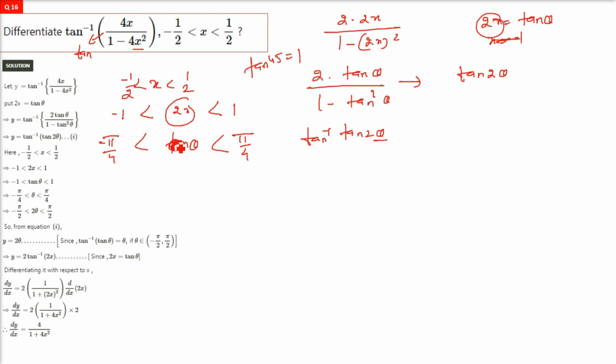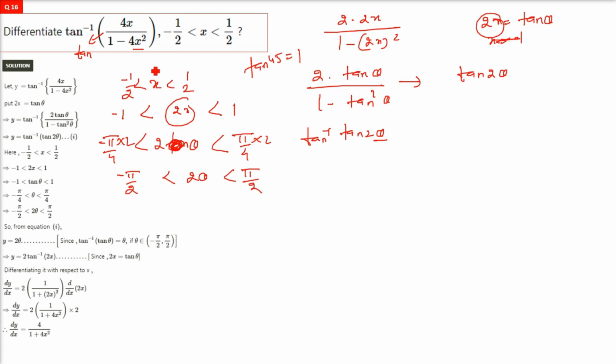Okay. Now this is your theta, and we need 2 theta, because when you cancel tan and tan inverse, you will get 2 theta. So when you multiply 2 everywhere, what do you get? You get 2 theta between negative pi by 2 and pi by 2.